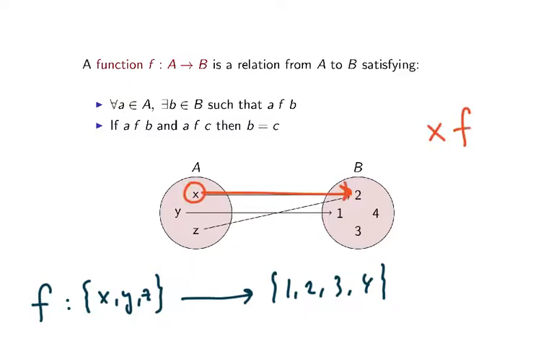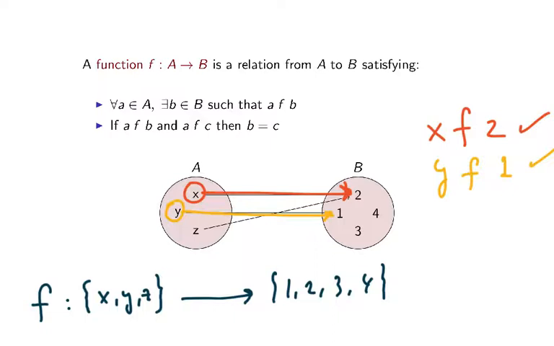X relates to 2, only to 2, not to 2, to 3, to 4, no. X relates to 2, so that's fine. It's a unique element that it relates to. So let's see this other one, Y. Y relates to 1, good. Y relates to 1, only to 1, not to other elements, so that's fine.